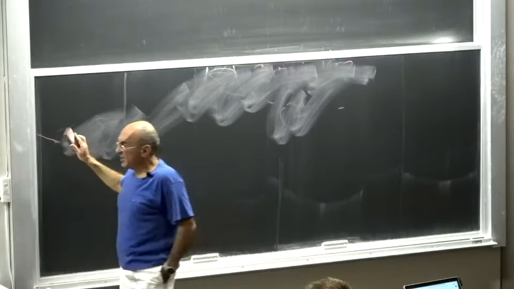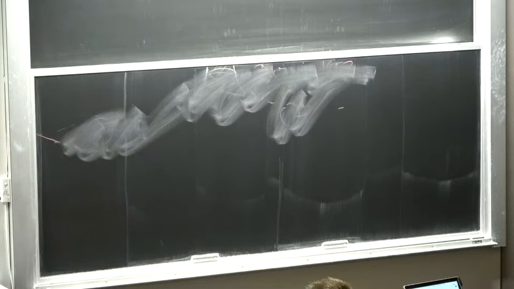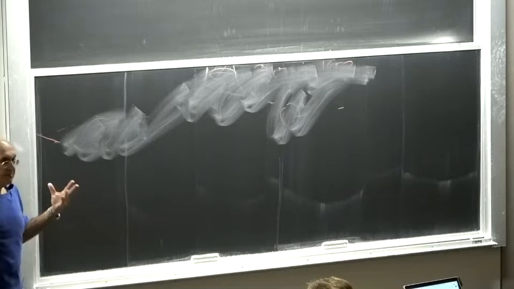This formula tells me that the force is zero. If you take whatever body it is and move it with a constant shape and constant velocity through an ideal fluid, the force is zero. It's better than a free lunch, right?